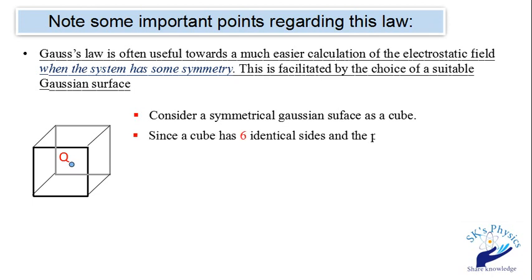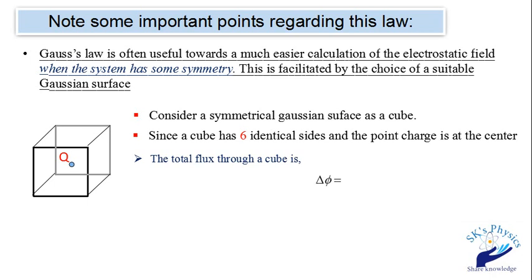Since a cube has 6 identical sides and the point charge is at the center, the total flux through the cube is delta phi equal to q inside by epsilon 0. There is only one charge, so q by epsilon 0.